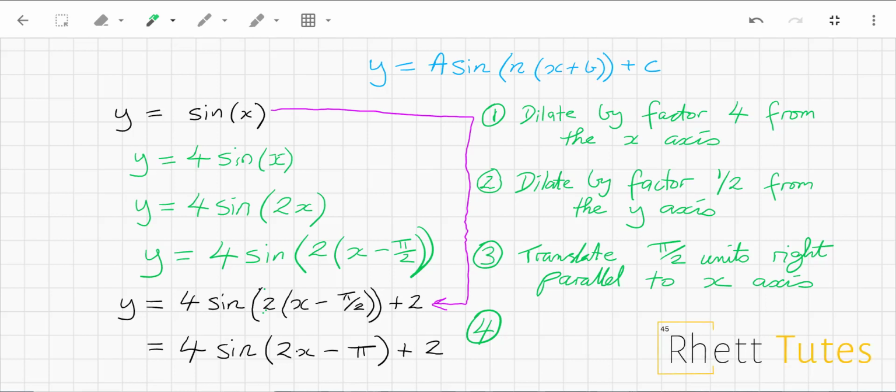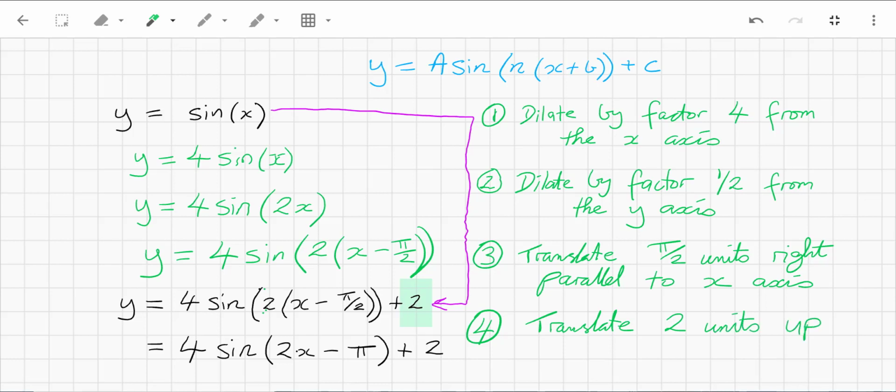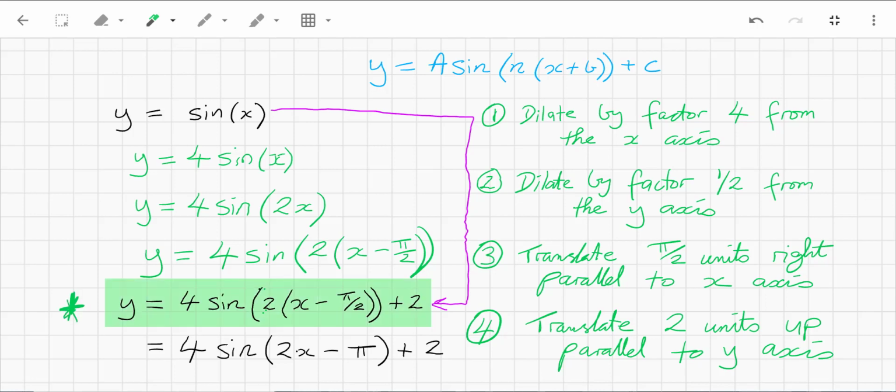Okay, and then finally translate 2 units up, parallel to y-axis. And that's how I end up with this equation down here in black.